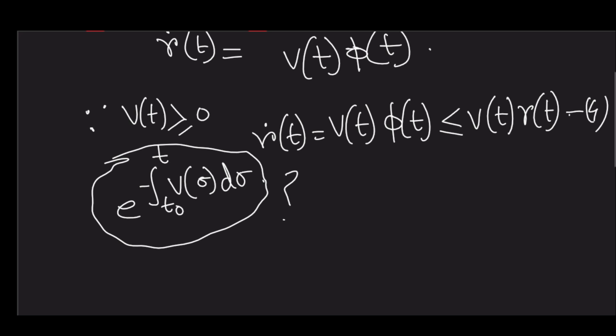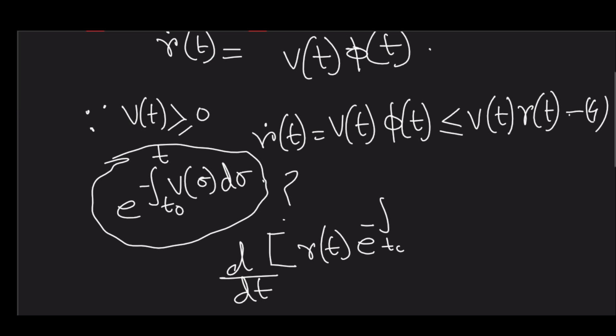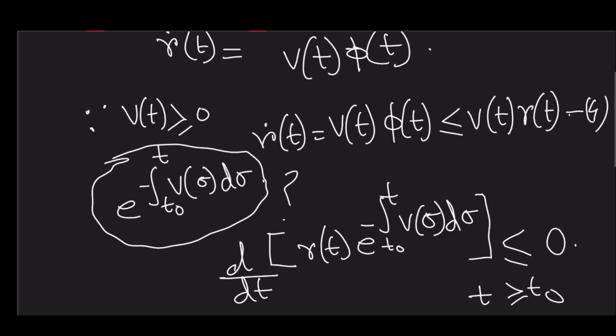So now what you will get here? It's very clear that once you multiply this, we are multiplying this one with both sides, and you will see that when you multiply this with this side, then it will give you something that is less than, you are getting this form.